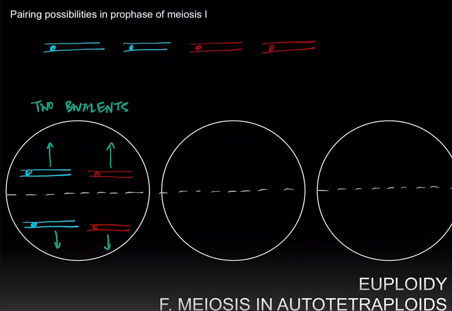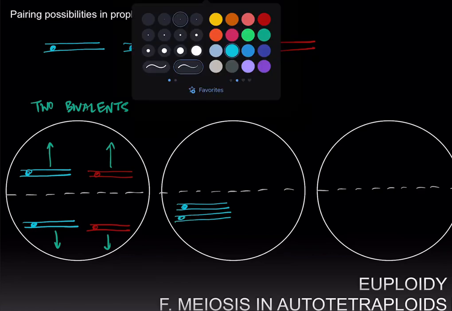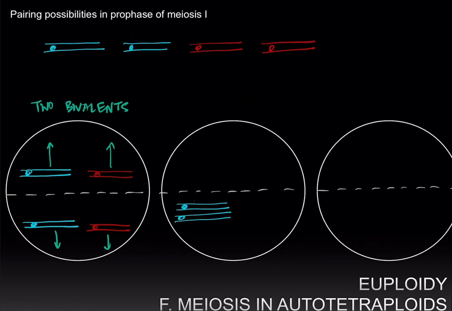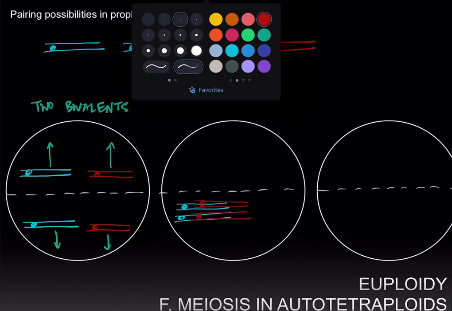Next, another possibility is that we have a quadrivalent. So all 4 chromosomes pair up, so we have 4 of them paired up together.